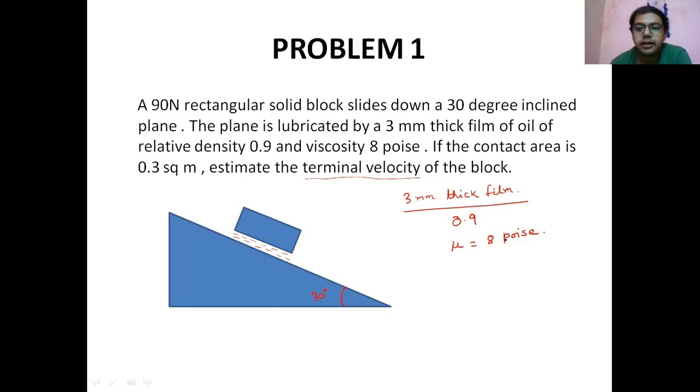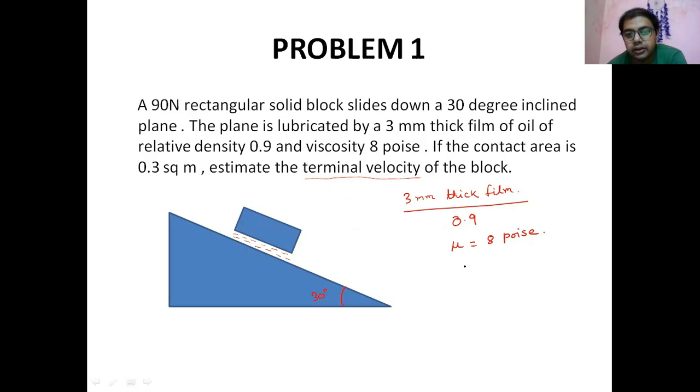Okay? So with this given information, 3 mm thick, this rectangular solid block slides here. You have to estimate the terminal velocity of the block.